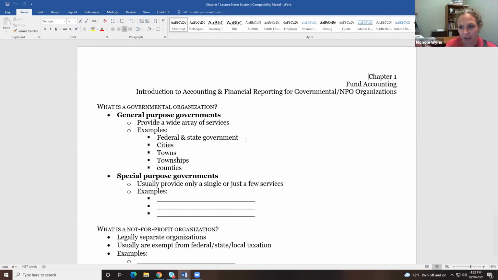So basically in financial accounting, you know that you do debits and credits and journal entries, and you're providing reports to users like income statements, balance sheets, and cash flows. Same idea with the government, except there's an extra level of accountability.